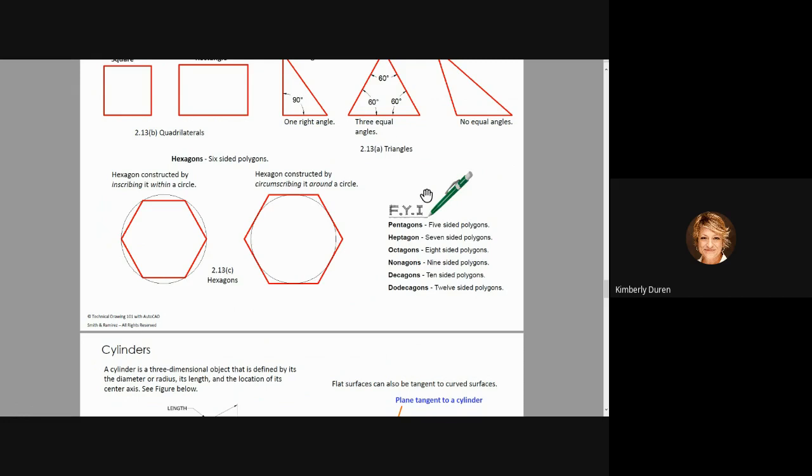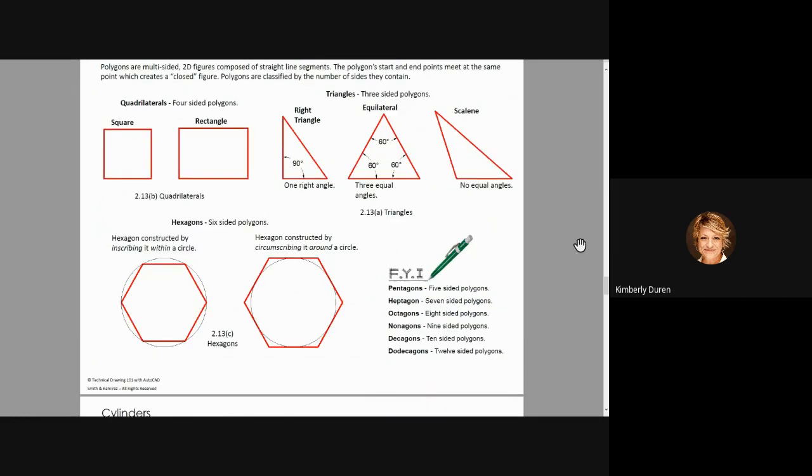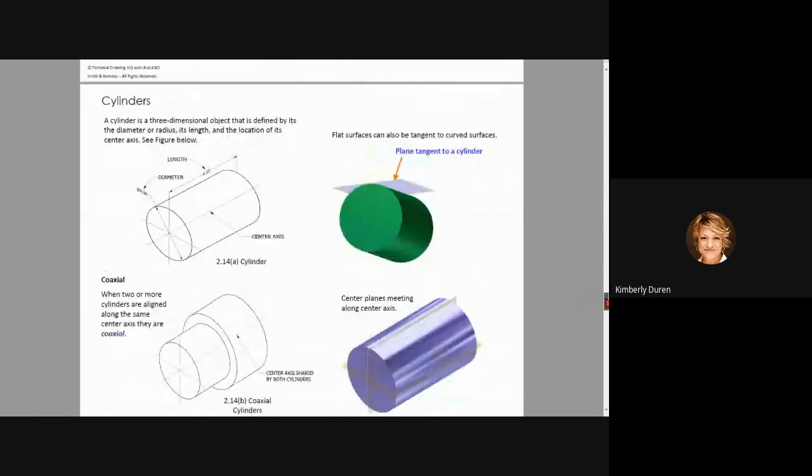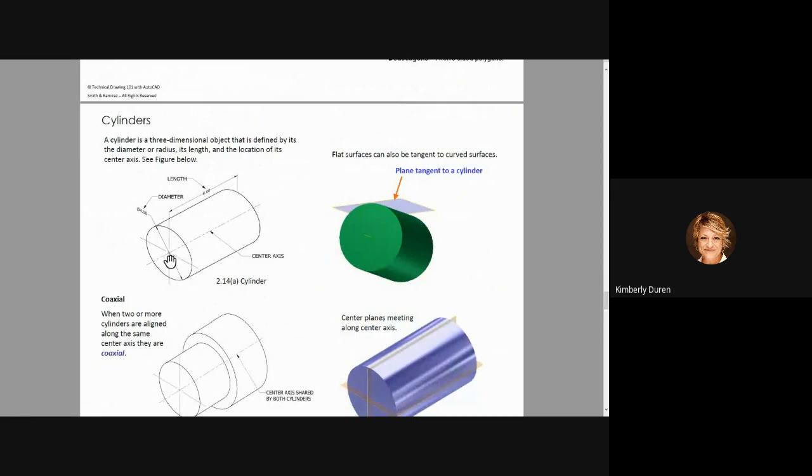So these are the other kind of polygons that we can have, and that just means it has multiple sides. Now we have cylinders, and that is a circular element. It has an axis, and that cylinder can have taper like a megaphone, so they don't always have to be the same diameter on each end.